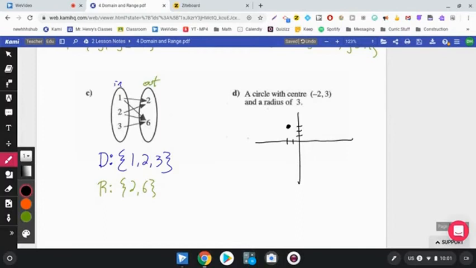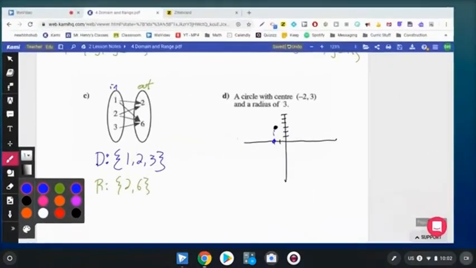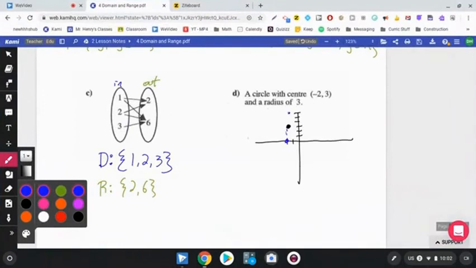Okay, if it had a radius of 3, well, down it would be 1, 2, 3. Oh, it actually goes to the origin. Okay, if I went upwards, I need my ticks. That would be all the way up to 6.